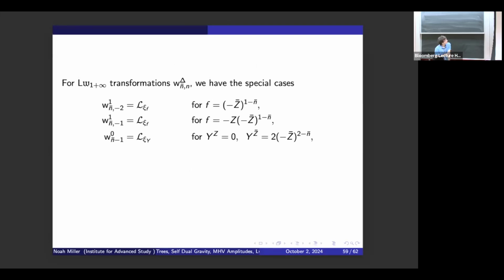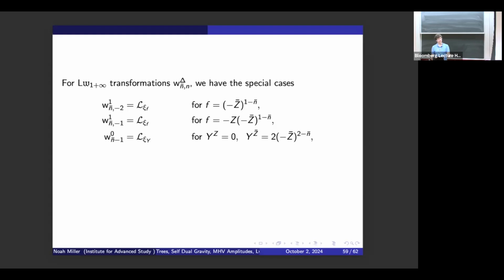In particular, we have these two infinite strings of super translations. For instance, the four constant translations, the Poincare translations in the four space-time directions, are in here, along with many others, as well as the anti-holomorphic conformal transformations on the 2-sphere.